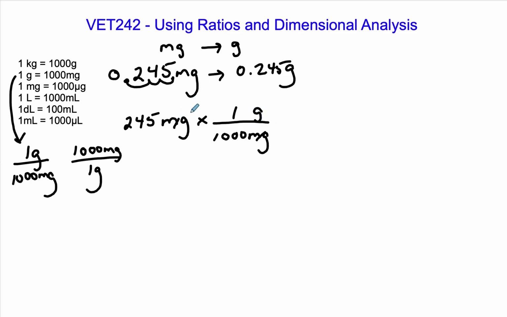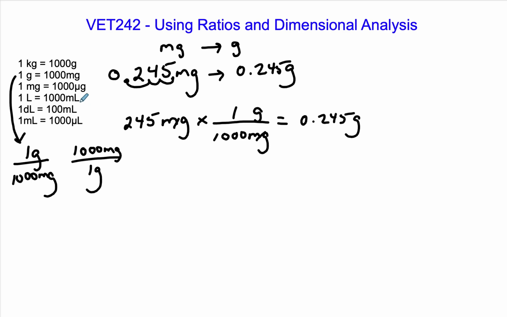And this is how we double check and make sure that yes, we are supposed to divide 245 by 1,000 or move that decimal point to the left. So when we break down this math problem, we take 245 times 1, divide by 1,000, we get the same answer, 0.245 grams, and we can be certain that it's the correct answer and that we moved the decimal place correctly.